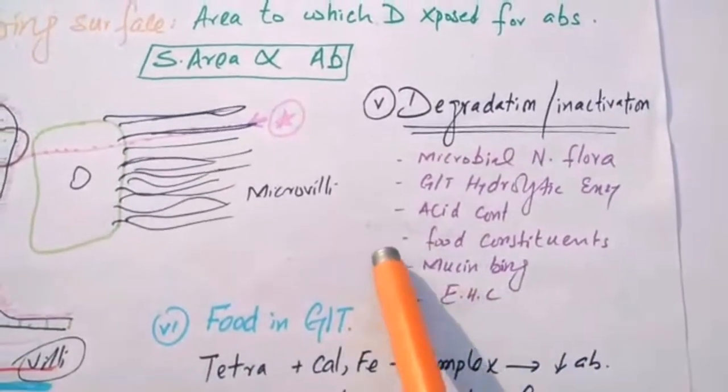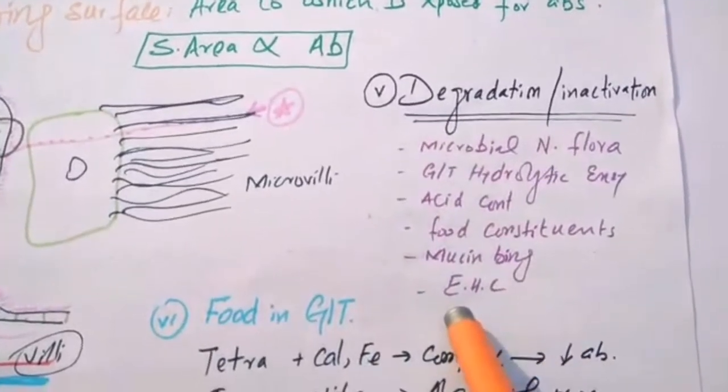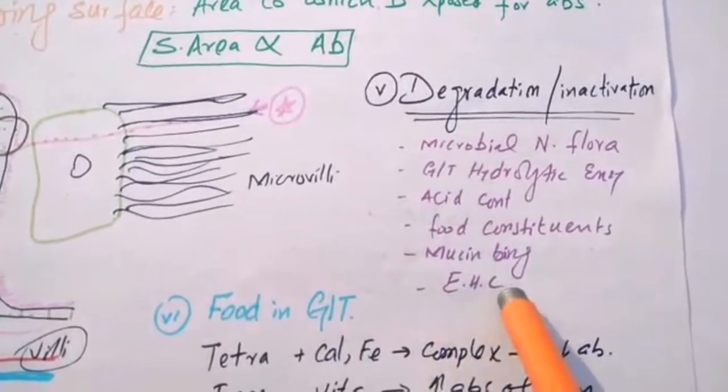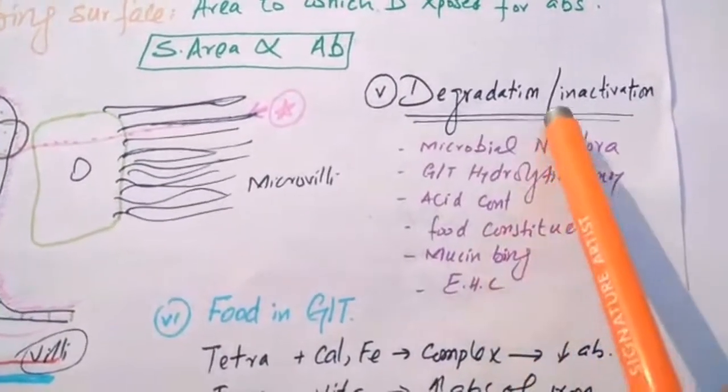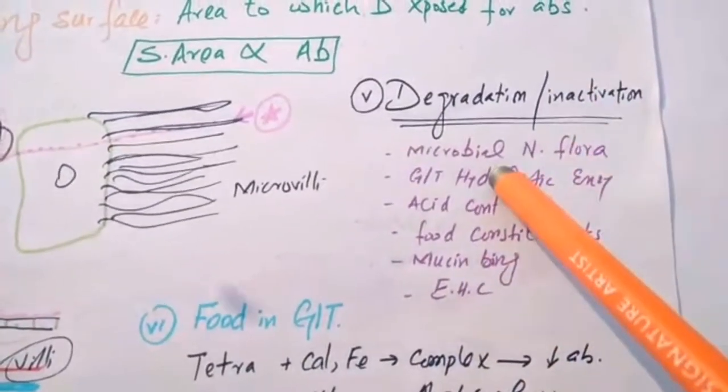Mucin is a glycoprotein, which is a normal component of our stomach, and EHC, enterohepatic circulation. These are the factors which are responsible for the degradation or inactivation of drugs.